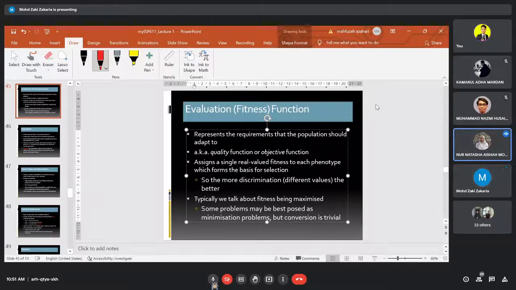Excuse me sir. I have a question for the group project discussion. What kind of dataset is suitable for optimization? Actually, set the dataset aside first.